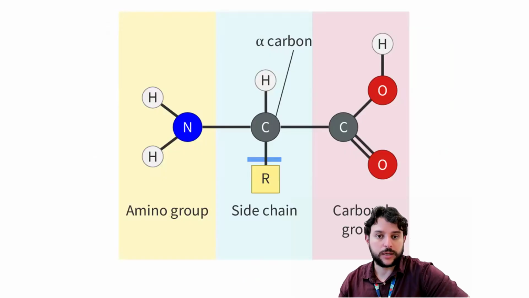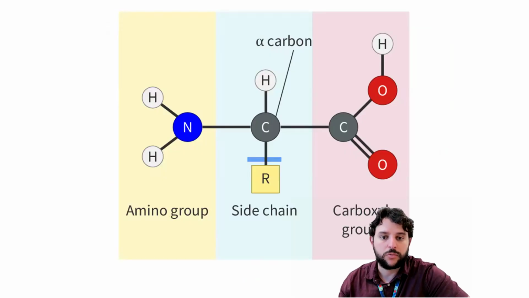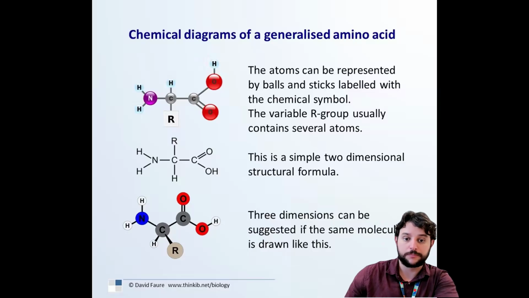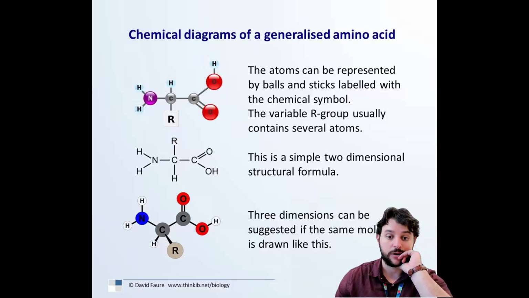Okay, another view. Again, we have the amino group. We have the alpha carbon that is linked to the side chain. The side chain is this R group that is defining for the amino acid. Plus, we have the carboxyl group, making one bond with an oxygen, and then a double bond with another oxygen. Okay, so we can represent this in a variety of forms.